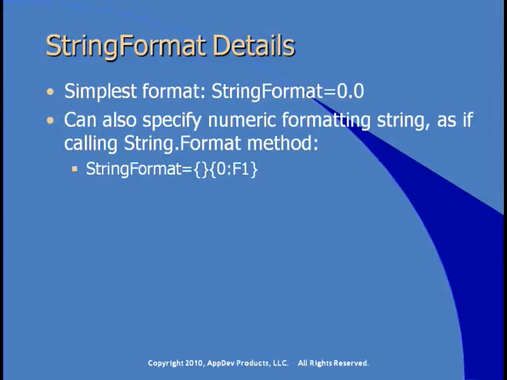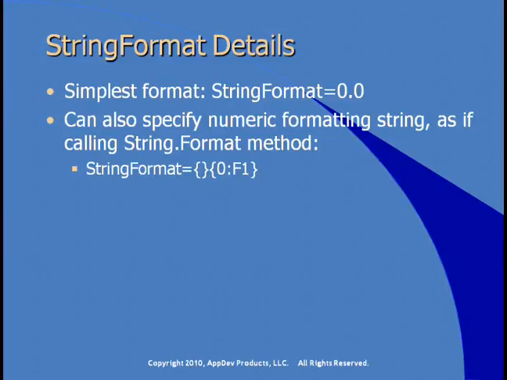Well, the part to the right is just a string.Format specifier. The 0 is a placeholder for one value, and it'll always be 0 because it's only a single value. Colon followed by the formatting string. F1 means floating point value with a single decimal point.